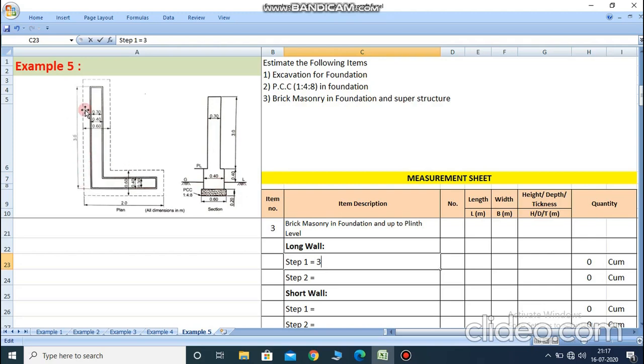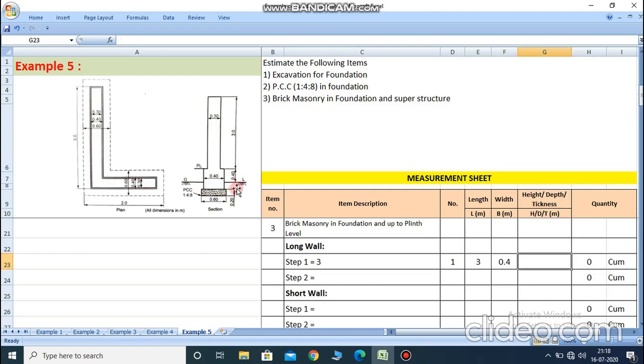So we write here 3 meter; total number of long walls is 1, length is 3 meter, width is already given in the section as 0.4, so write here 0.4, and height is 0.4 plus 0.2.